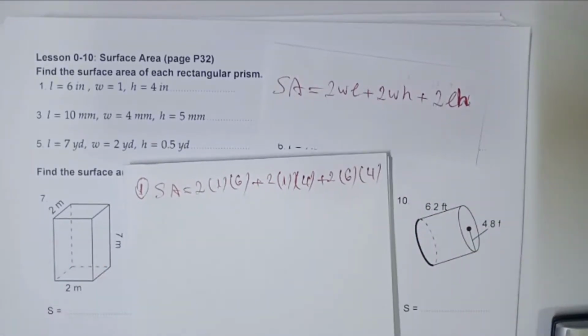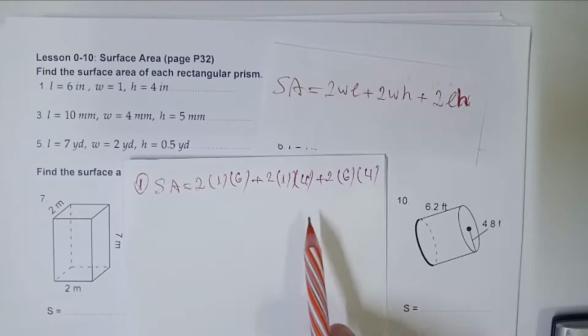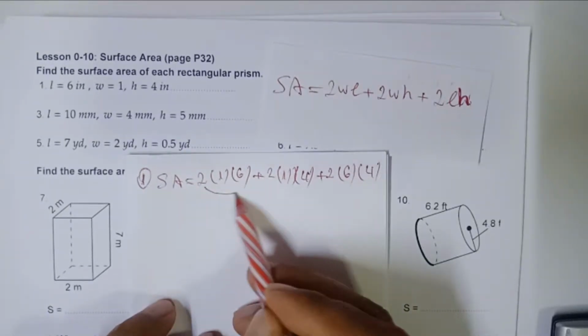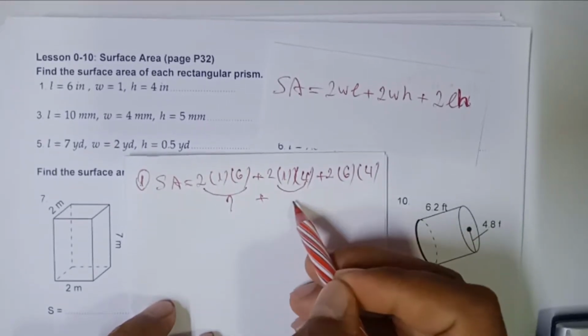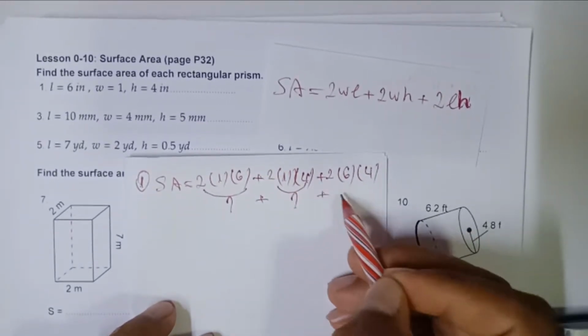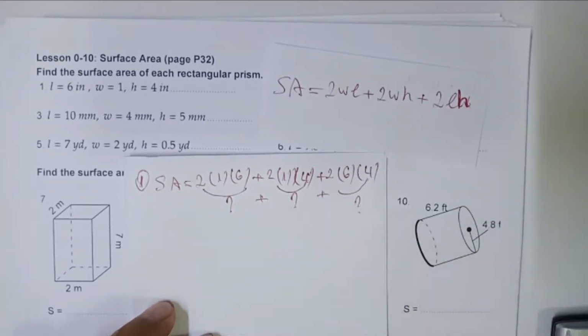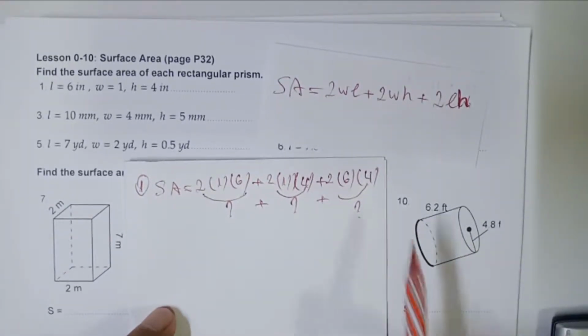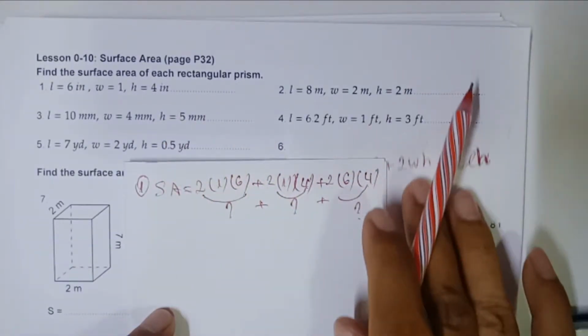Once you insert all the numerical values, multiply each term together, and then add all 3 numbers together. That will give you the surface area of the rectangular prism.